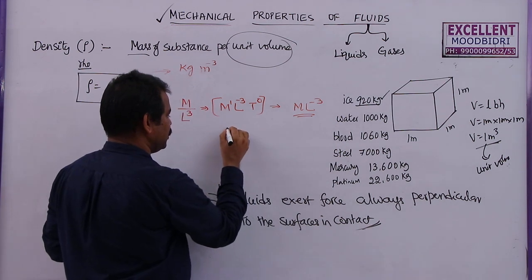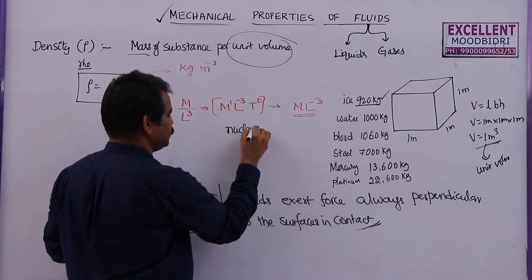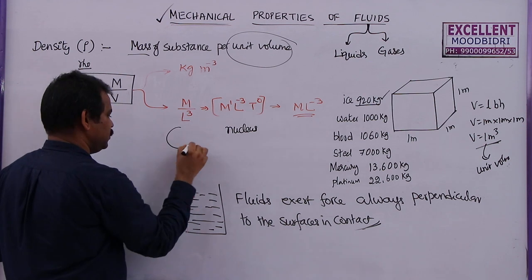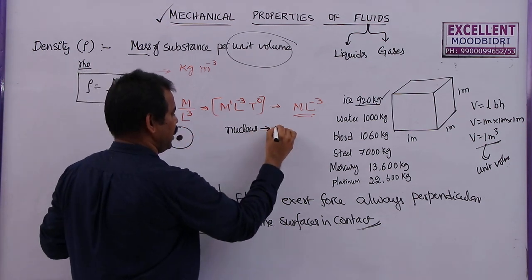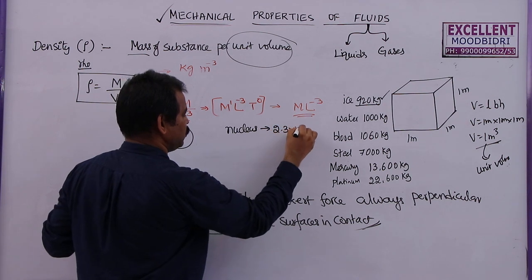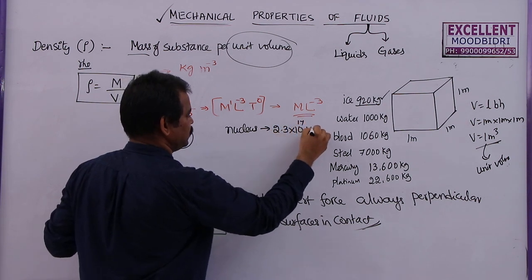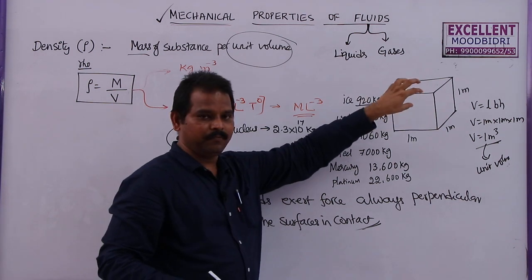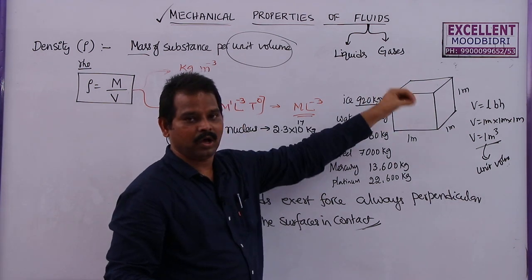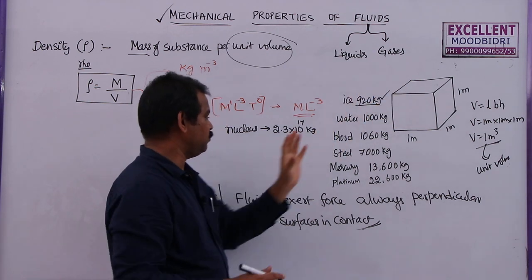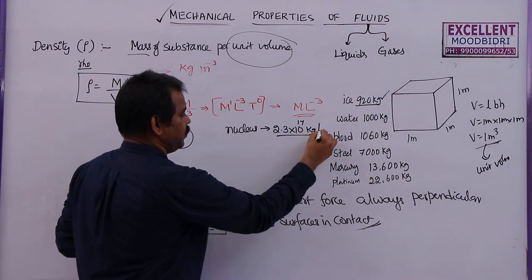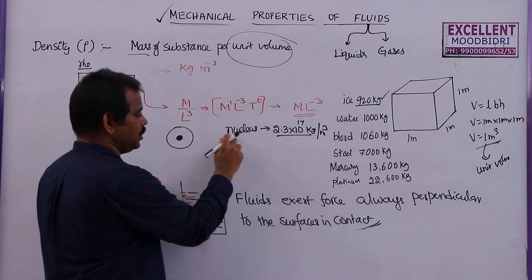And if you take the nucleus of any atom, the nucleus generally has 2.3 into 10 power 17 kgs per meter cube. That means if you completely fill this tank with nuclei, of any type, all nuclei have the same density. This is the density of the nucleus.